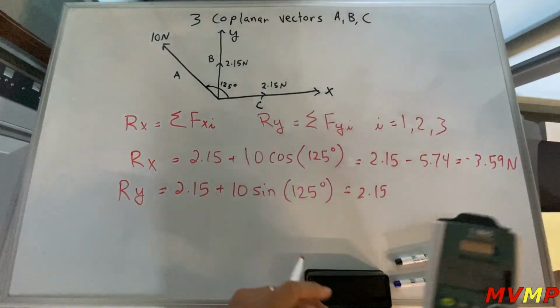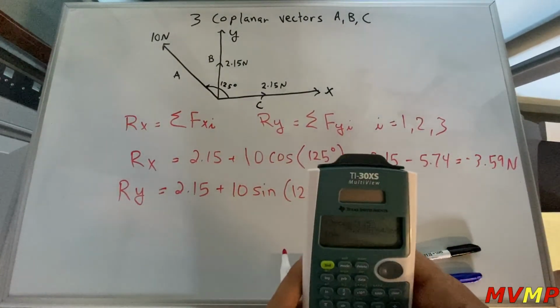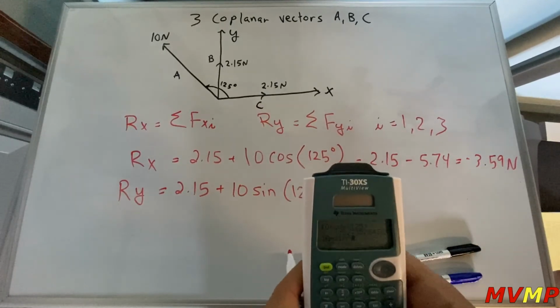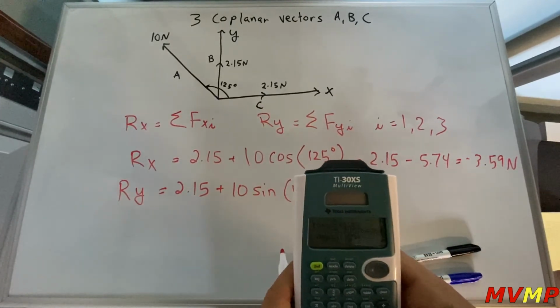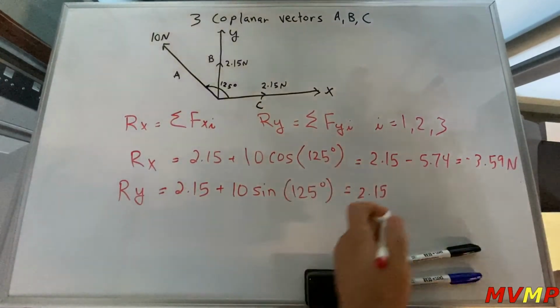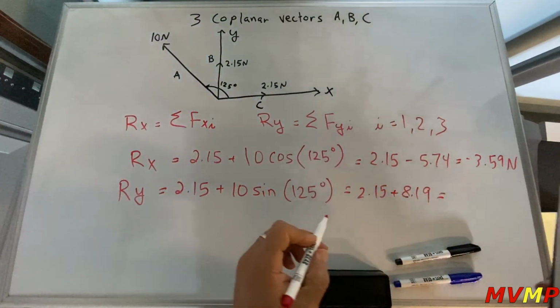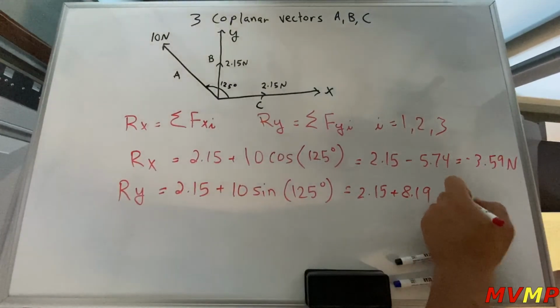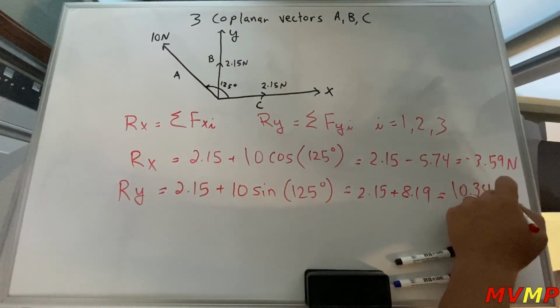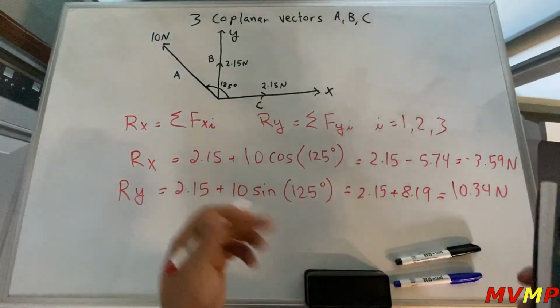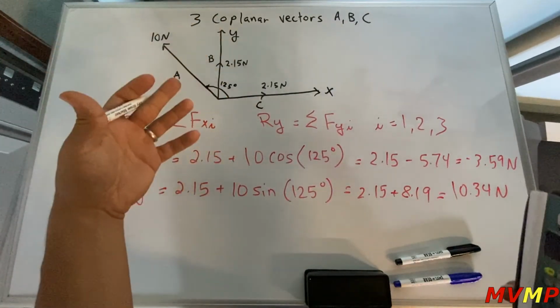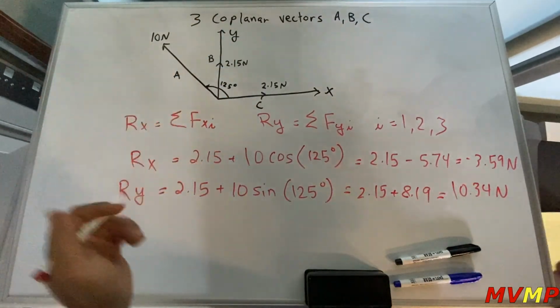So 2.15, and now we do 10 times sine of 125, and we get 8.19. And we get an answer of 10.34 north.